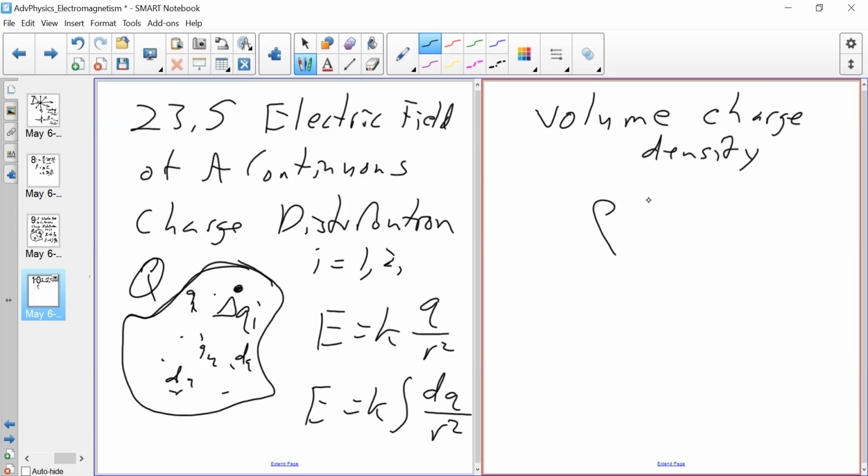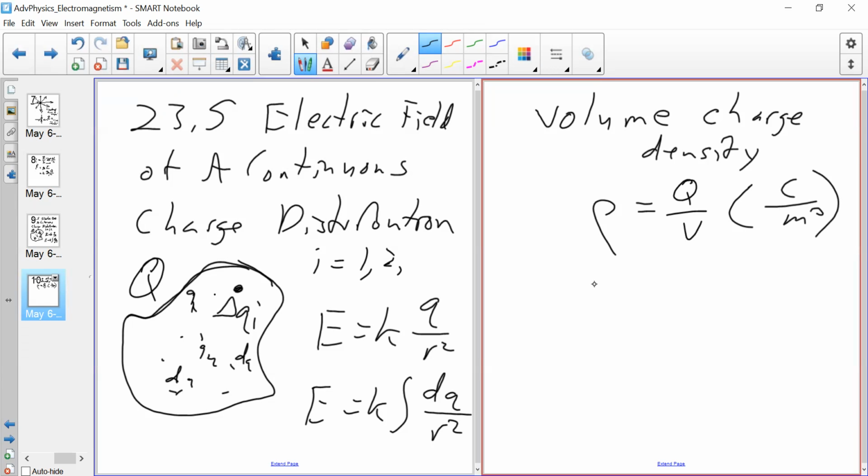We're not dealing with masses, although charges have mass. We're dealing with their charge. So this would be Q over V. That's the volume charge density for a shape that is 3-dimensional, like a ball or a sphere or something. Obviously, the units will be coulombs per cubic meter.